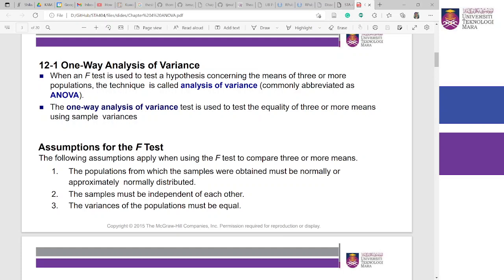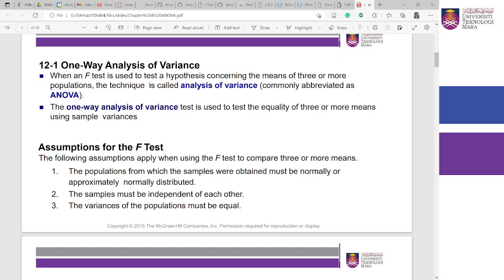Okay, so these are some of the assumptions for the F-test. The following assumptions apply when using the F-test to compare 3 or more means. First, the population from which the samples were obtained must be normally or approximately normally distributed. So this is the must-have assumption because ANOVA is a parametric test.